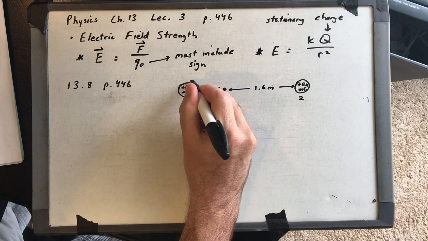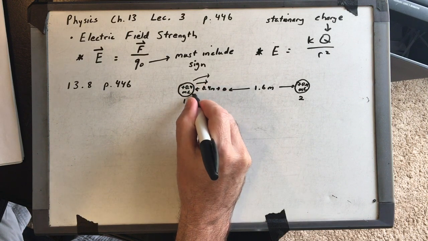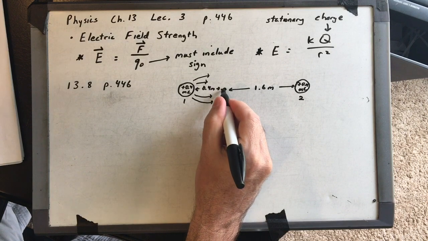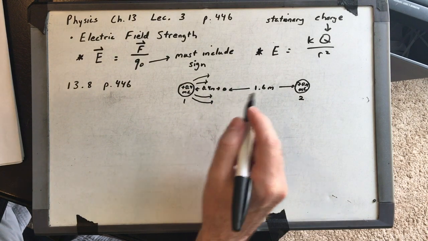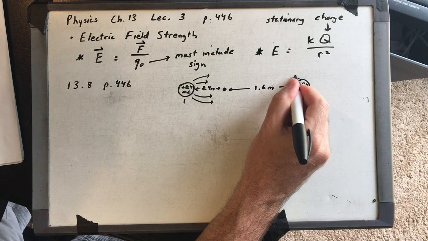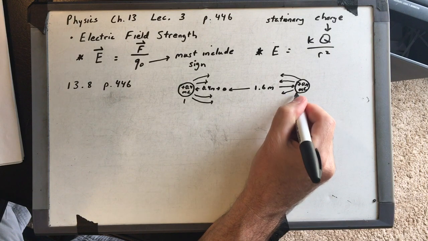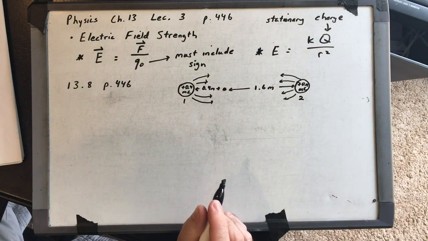So the electric field for positive charges, you show them pointing out. At least in terms of that dot, that's really key to knowing the direction of the field. This is a positive charge, so positive charges are shown coming out.